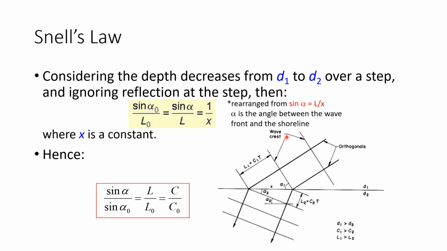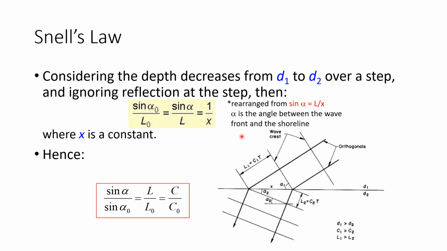Let's assume that this is the incoming wave, this is the wavefront, and these two are the orthogonals, and they are approaching the shallow water, demarcated by this straight line, so that the area above has a water depth of D1, whereas the area over here has a water depth of D2, assuming that the change is sudden.